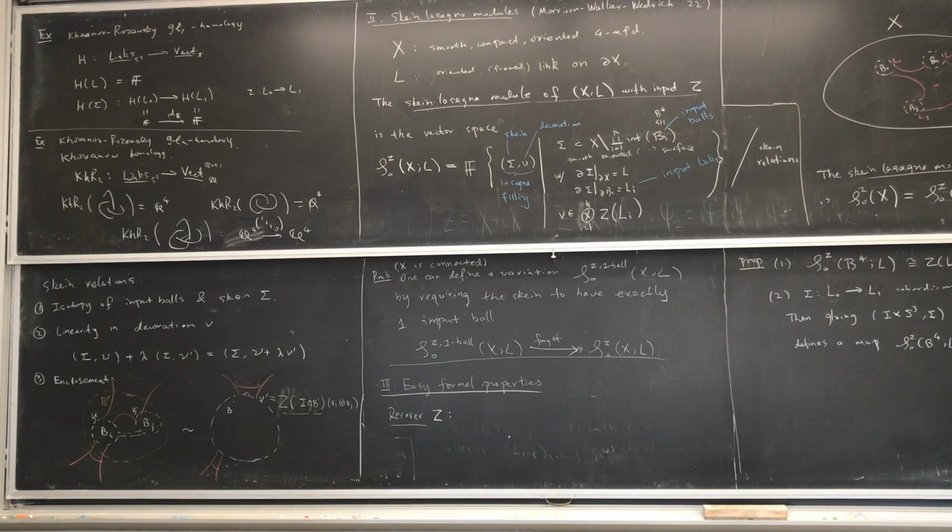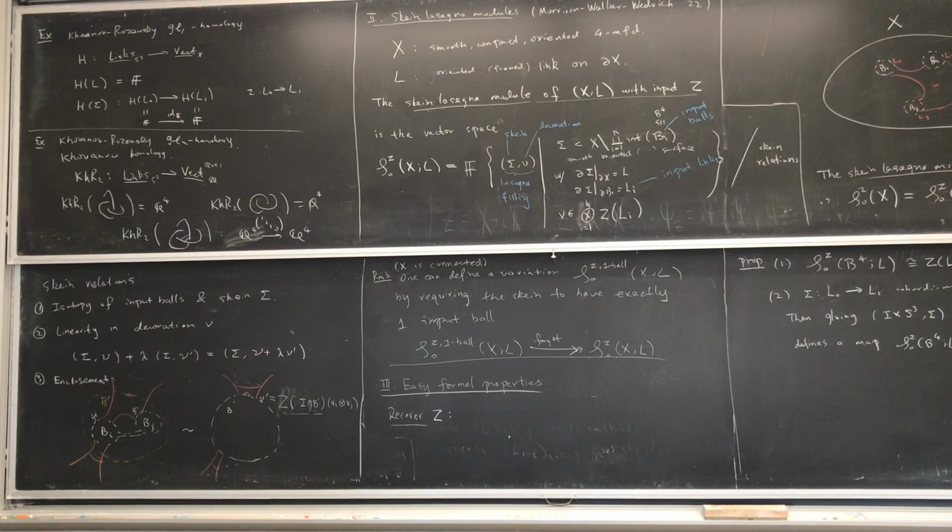Well, pictorially, what is this map doing? So this is my four-ball. I have some L0 on its boundary. And I'm gluing some I times S3 together with my link cobordism inside from L0 to L1.